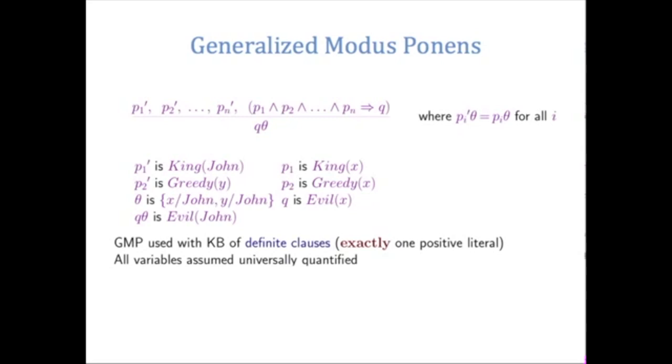Well, that's exactly the structure of a Prolog clause, where we have one clause on the left-hand side, that's called our positive literal, and we have zero or more clauses on the right-hand side, and we'll call those the negative literals in the sense that we saw when we did resolution, that effectively those clauses are considered negated for the purposes of resolution. And we assume that all variables are universally quantified. So that's generalized modus ponens.